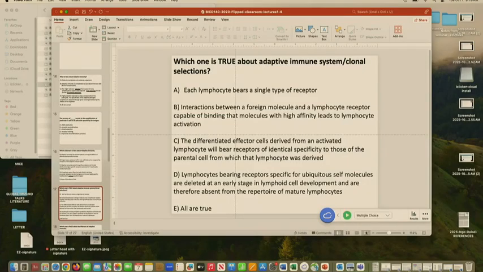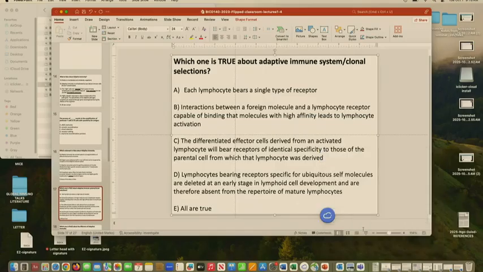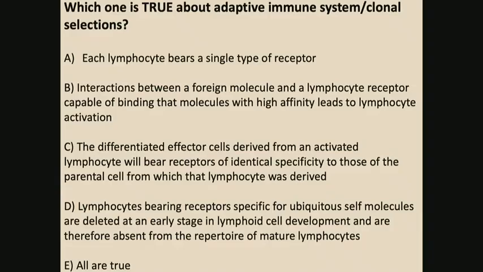And then we will go through the results. All of you answered E, which is the correct answer, and I wanna make sure that it says which one is true about adaptive immune system clonal selection. Each lymphocyte bears a single type of receptor, okay? May have many copies, many hands, but they all have the same shape.